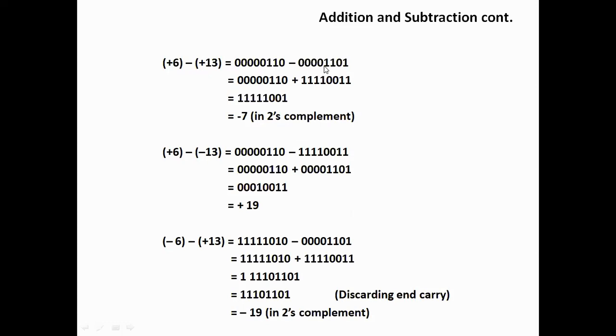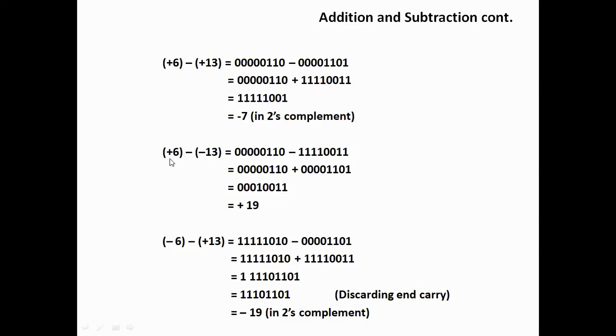So this plus 13 converted to minus 13 in 2's complement will be this. This minus will be converted to plus, and let us do the addition of these two, which comes out to be this. And what is this? This is minus 7 represented in 2's complement.